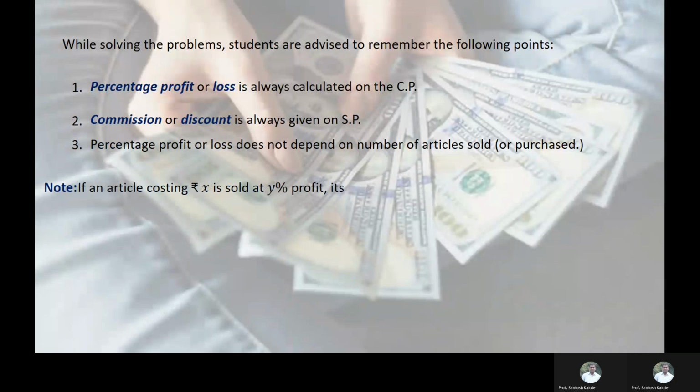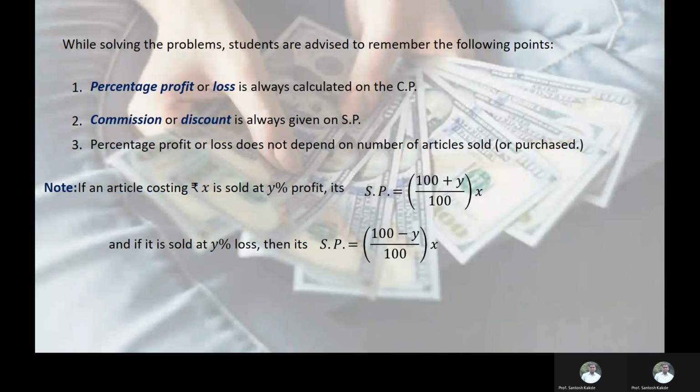Next one, note: if an article costing X rupees is sold at Y% profit, its selling price is equal to (100 plus Y) upon 100 into X. And if it is sold at Y% loss, then its selling price is equal to (100 minus Y) upon 100 into X. These are the handy formulas.